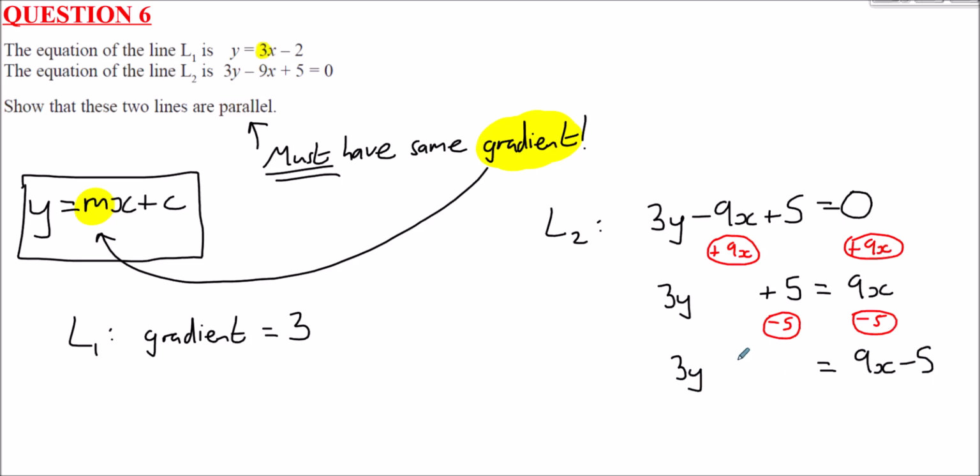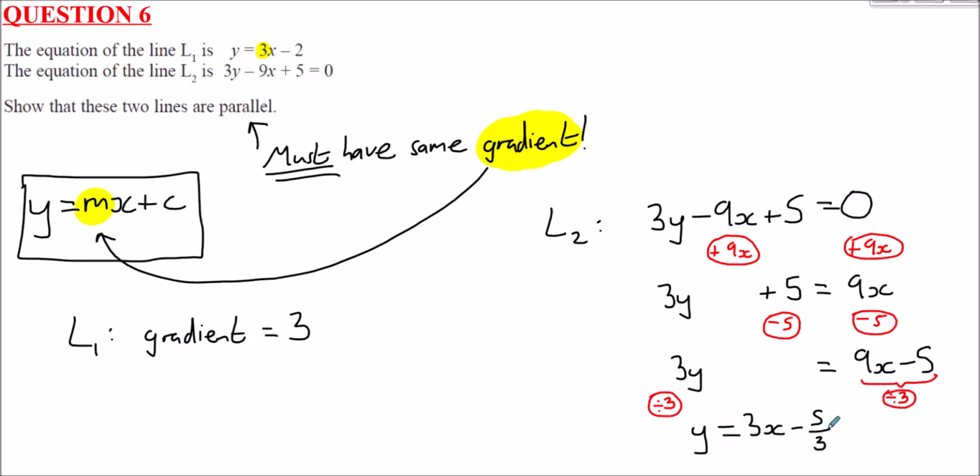But I don't want to have 3 y's, I want just 1. So to go from 3 y's down to just 1 y, I can divide by 3. But if I divide everything on the left by 3, I need to divide all of this on the right hand side by 3 as well. So then I'm going to get that y equals 3x minus 5 divided by 3.